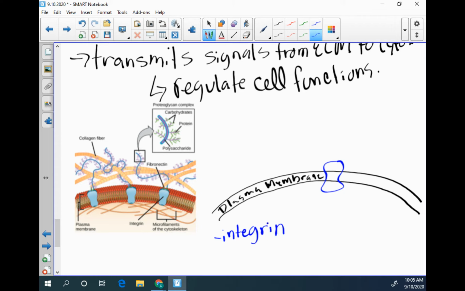Our integrins are attached to microfilaments within the cell. So this is part of the cytoskeleton. These are our microfilaments.